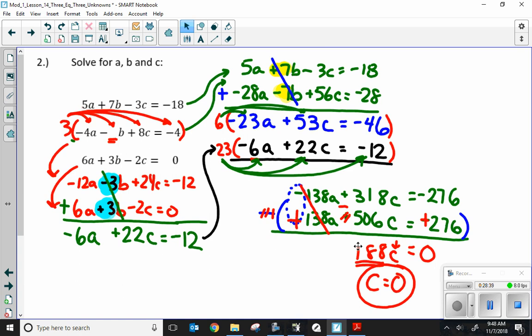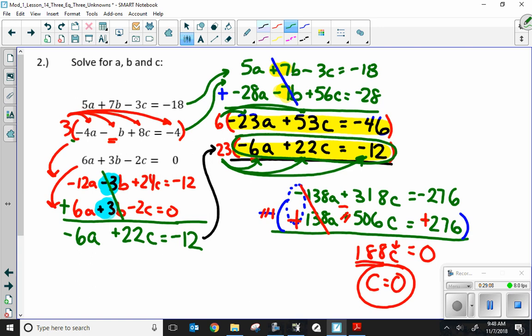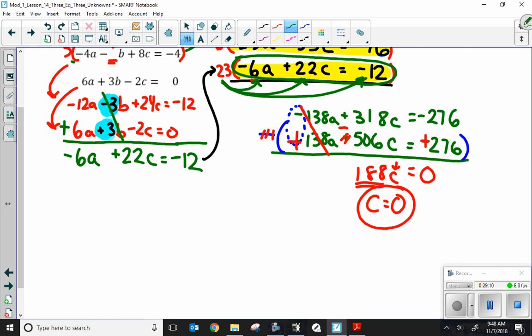So let's take a look and see if we can find another variable. Now that we know C is 0, I can use either this equation here in blue before I multiply the 6, or this equation here, which I wrote in black before I multiplied the 23. I'm going to use the second equation. I'm going to say negative 6A plus 22C equals negative 12.